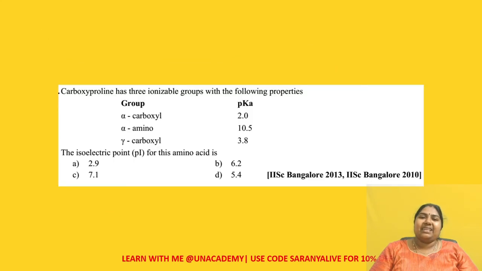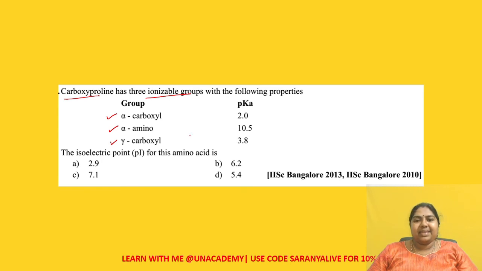Absolutely correct. Let us check out with one more question here. Carboxyproline, it is going to contain 3 ionizable groups. So number 1, it is the alpha carboxyl, alpha amino, and then gamma carboxyl group. 2, 10.5, 3.8.